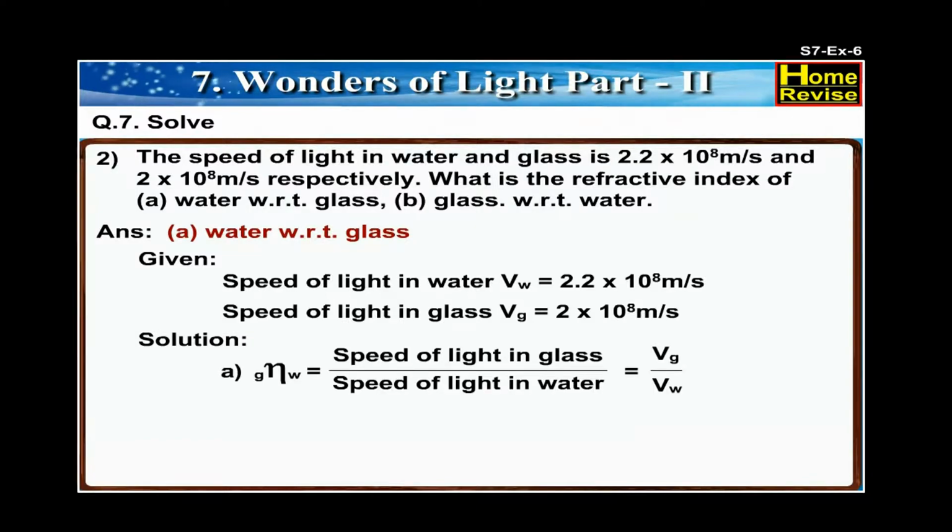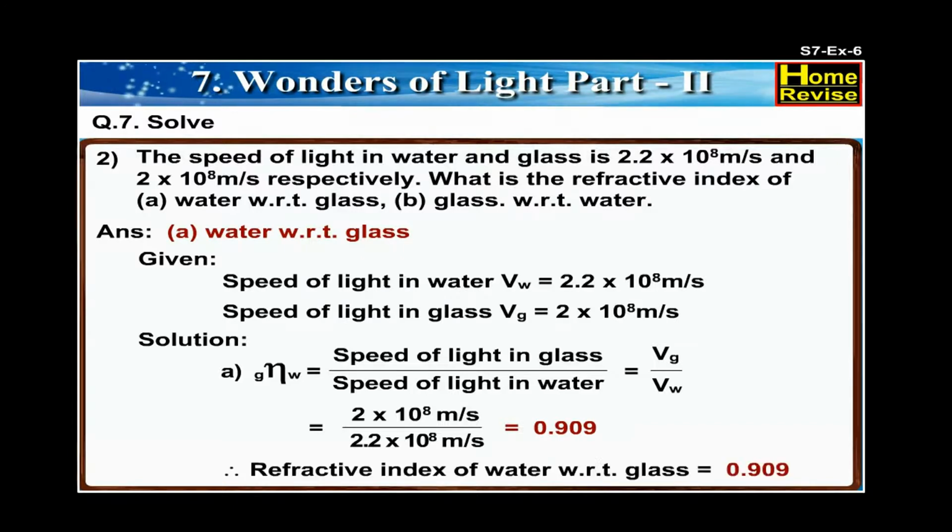A. Refractive index of water with respect to glass is equal to speed of light in glass, Vg, upon speed of light in water, Vw. Substituting the values, 2 into 10 raised to 8 meters per second upon 2.2 into 10 raised to 8 meters per second. Thus, refractive index of water with respect to glass equals 0.909.